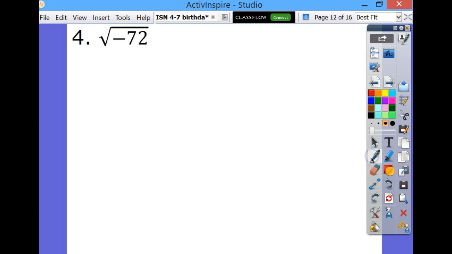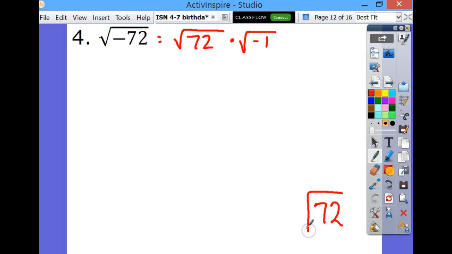Would you please look at problem number 4? This is equal to the square root of -72, which is the square root of 72 times the square root of negative 1. The 72, I believe, is not a prime number, so I am going to do the birthday cake on that.